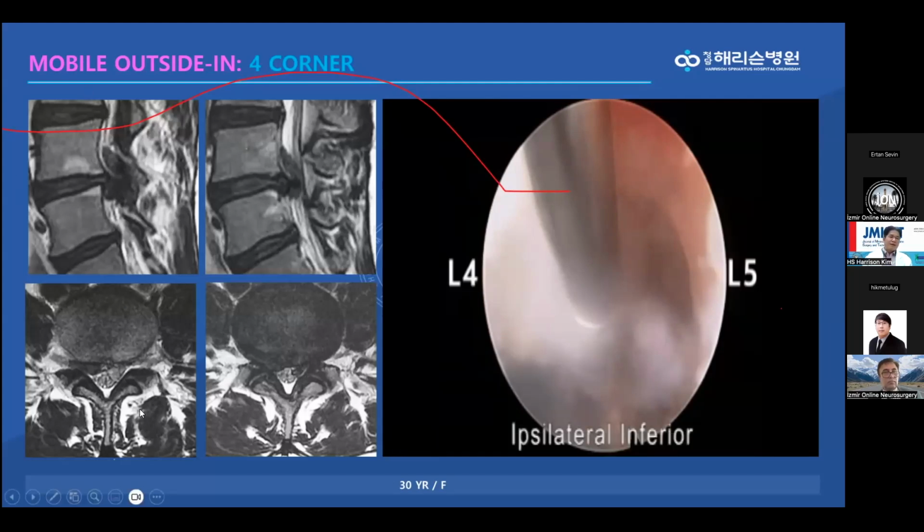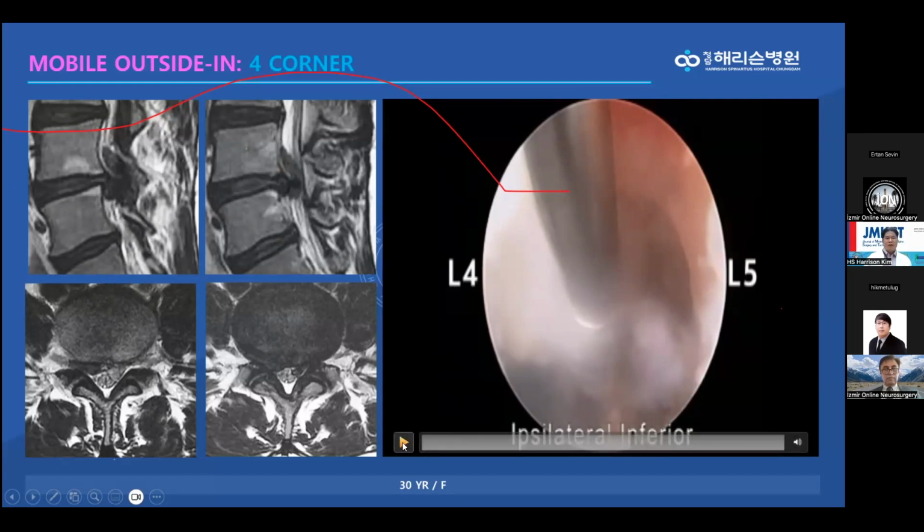This case is a 30-year-old female patient with a huge ruptured disc and severe back pain and both leg pain. You can also see right side and left side, cranial and caudal, meaning right side upper, right side lower, left side upper, left side lower ruptured disc, or a four-corner ruptured disc case.